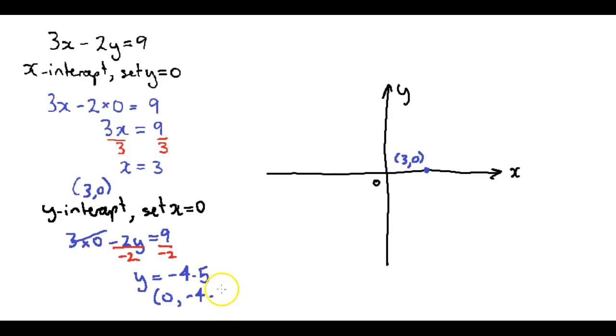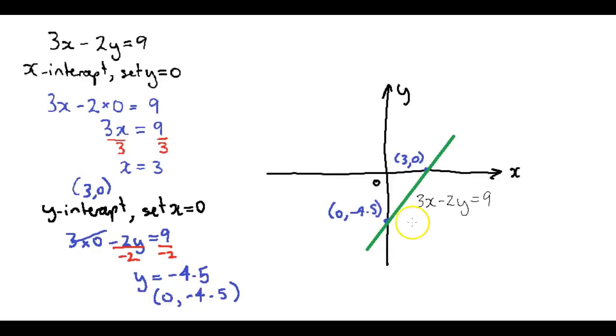I could have left it as the fraction -9/2. It's okay to use exact decimals. And we put a dot at our second point that we know and label it. Put our straight line in, there it is, and label it with its rule.